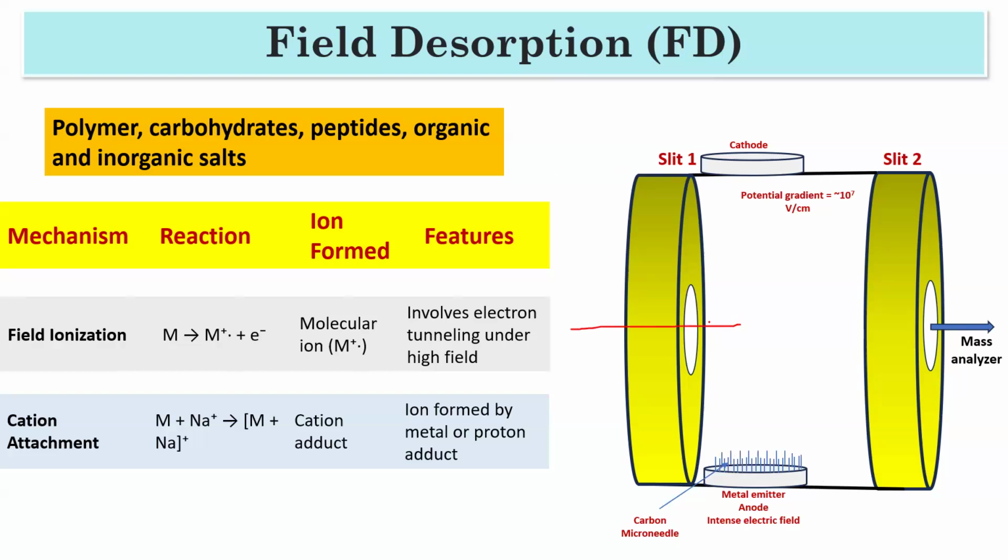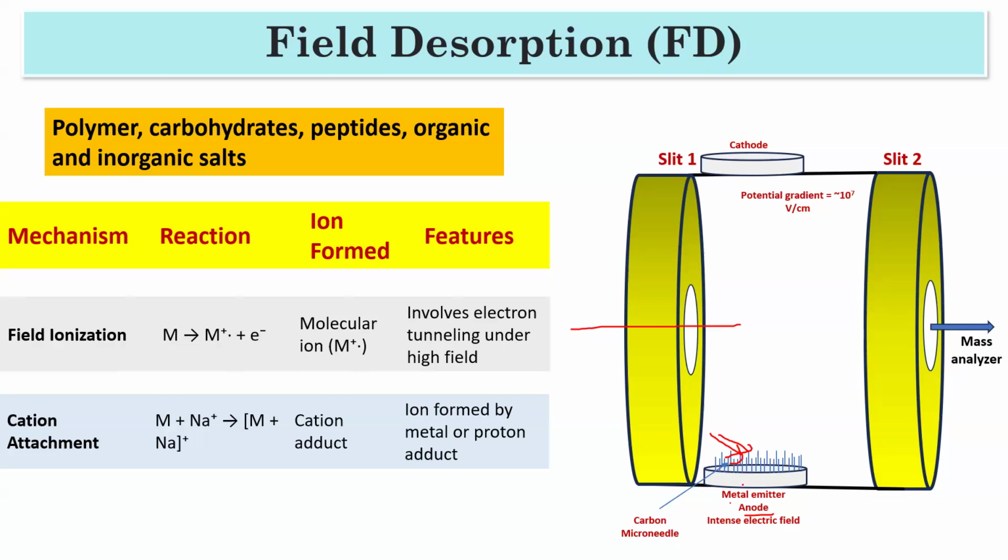Suppose I put my sample on this surface, a solid analyte on the surface, and because it is an anode, what's going to happen? Some of the electrons will easily go to the anode, easily transferring from your sample molecule. You must be wondering why it is happening. This is called a quantum phenomenon.